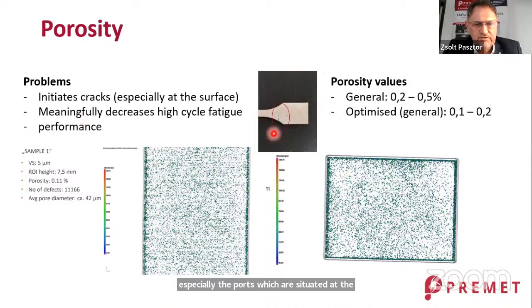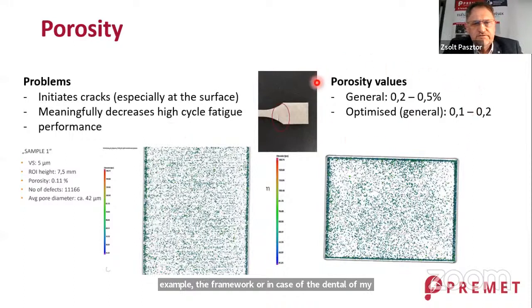So you can see here, for example, a specimen with a crack. And also the problem with the porosities is that it meaningfully decreases the high cycle fatigue performance, which is very important in case of, for example, dental frameworks, or in case of dental or maxillofacial implants.